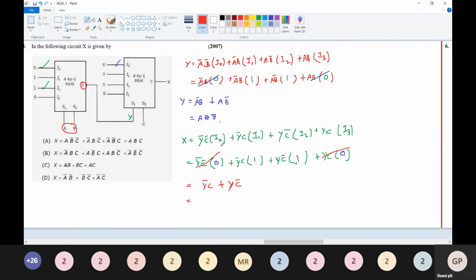Y value is A XOR B. So it is (A XOR B) the whole dash into C, plus the value of Y, A XOR B, into C dash.